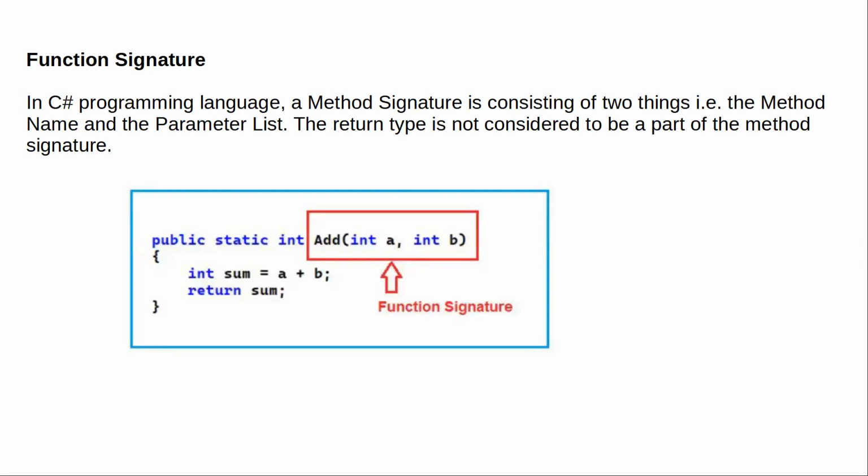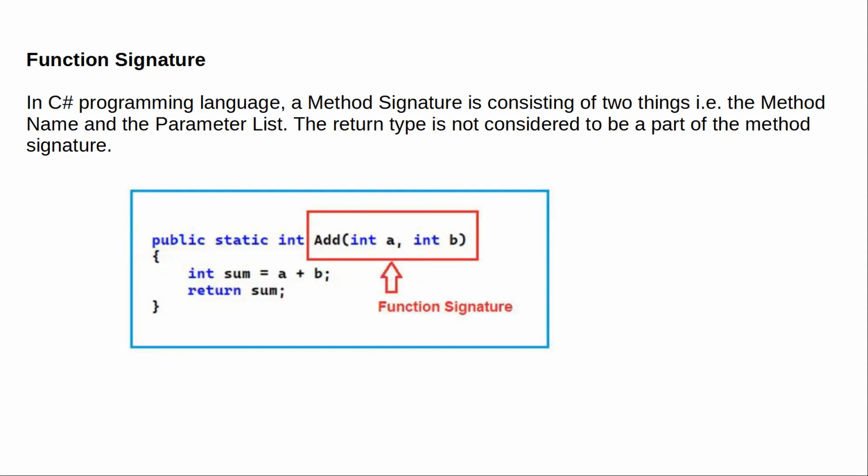So in order to identify which method to execute, for every method the compiler creates a unique signature, and that way every method can be uniquely identified by the method signature.